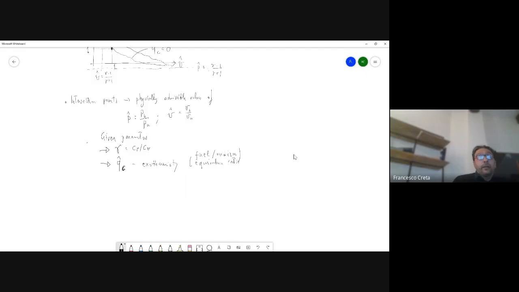What other constant do we have? Well, look at the Rayleigh lines. There is a parameter that has to be specified, which is the actual propagation Mach number, the upstream Mach number, mu.